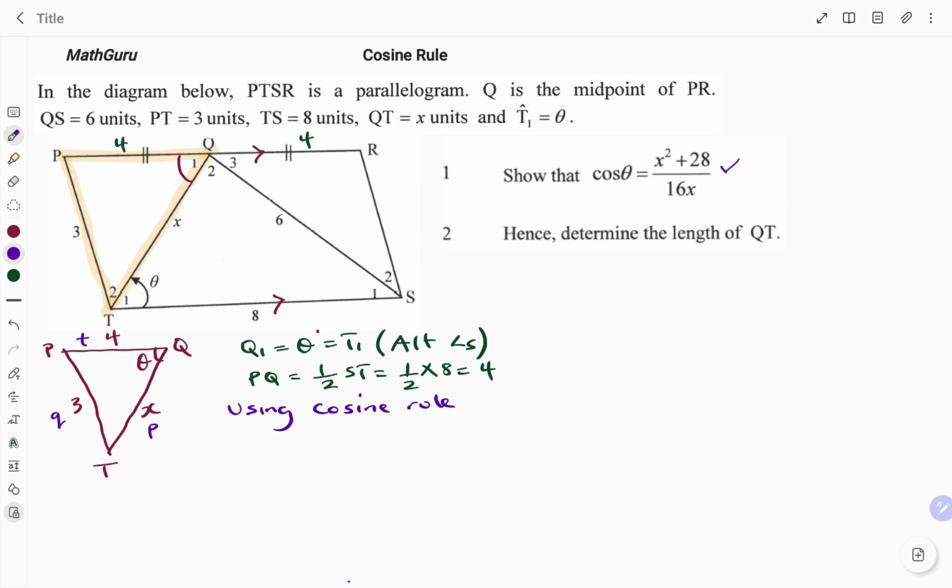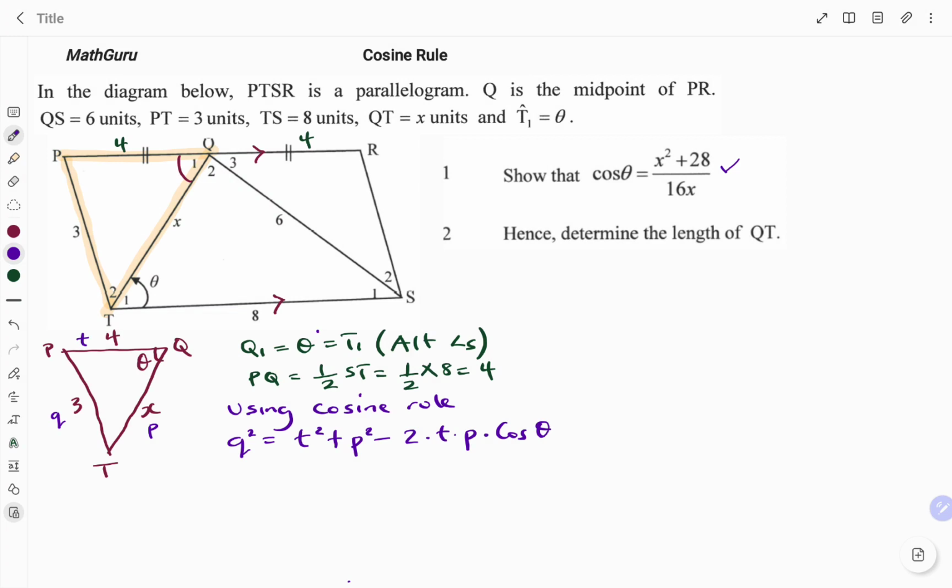Q. My cosine rule states that q squared equals t squared plus p squared minus 2 times t times p times cos theta, which is the reference angle.